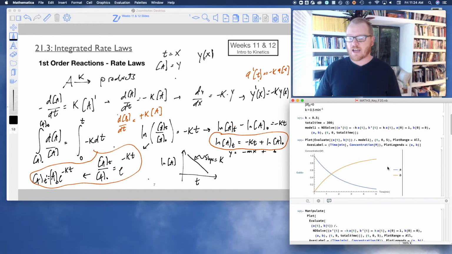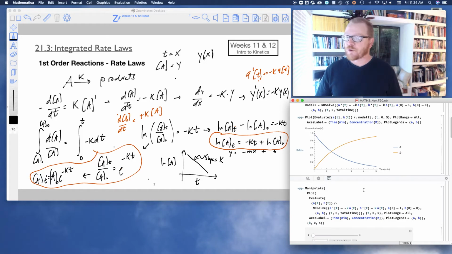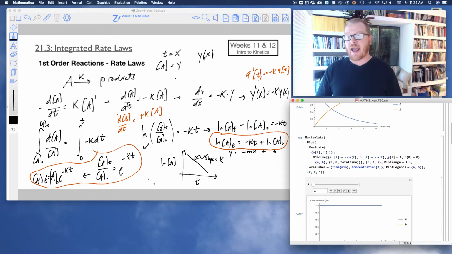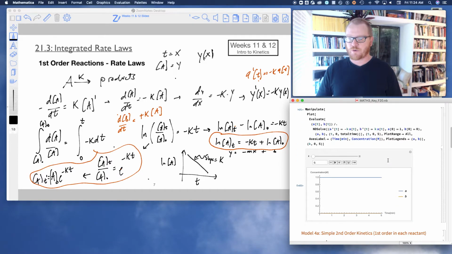Now what I've done to highlight the role of the rate constant, and this is extra, you don't have to do this in your model, was create a manipulate model for this first order reaction. If you follow my hierarchy here, it's manipulate, plot, evaluate these solutions.